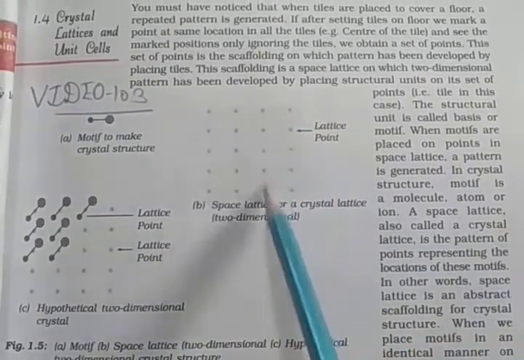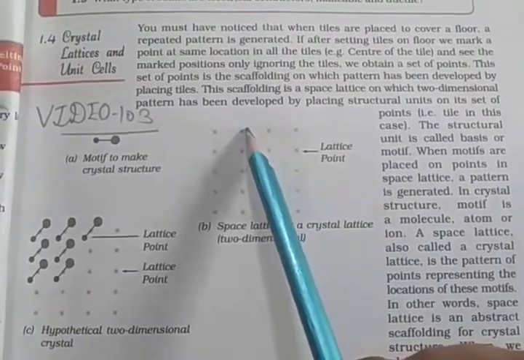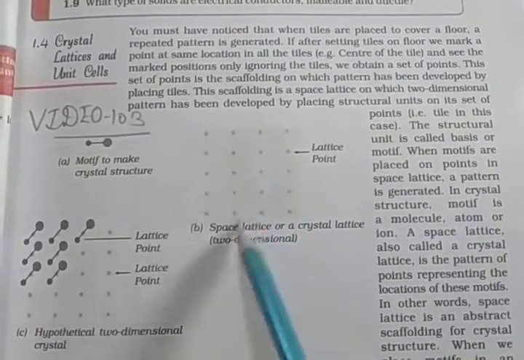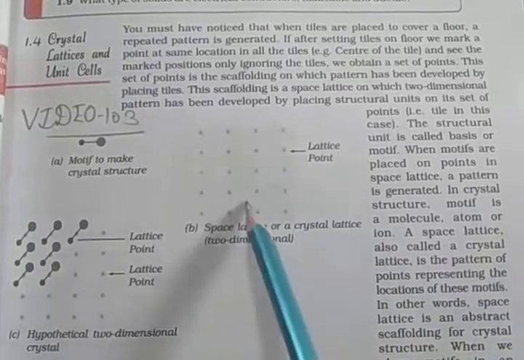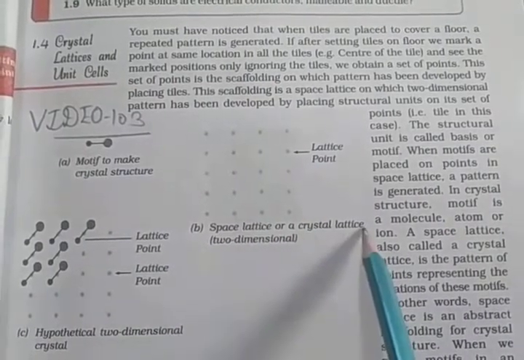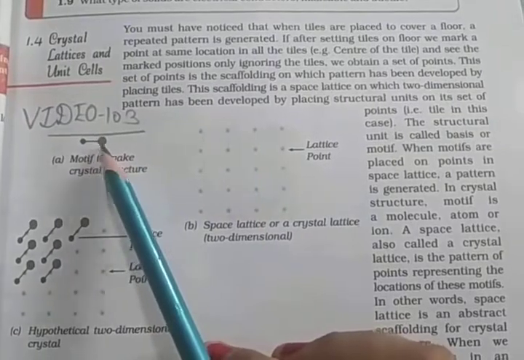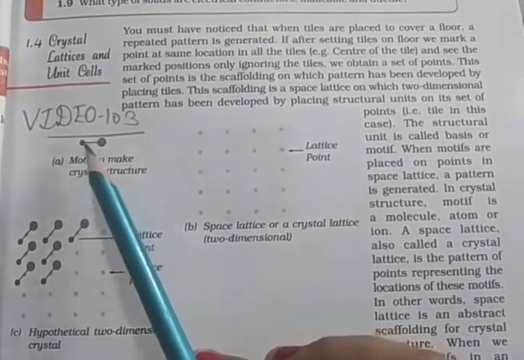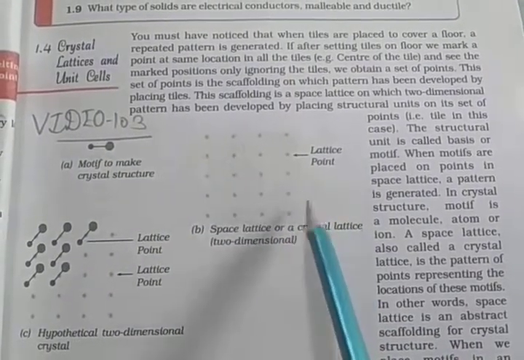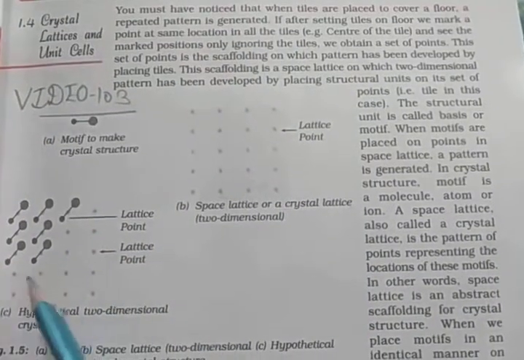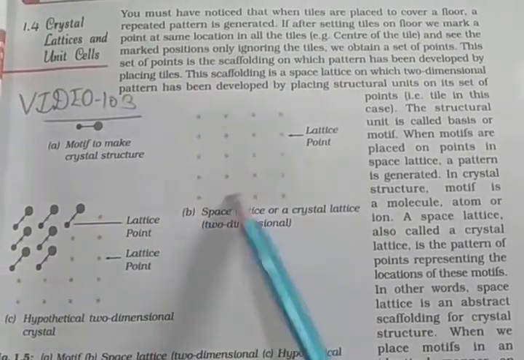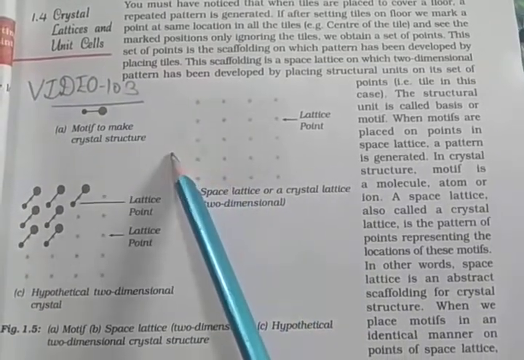When a repeated pattern is arranged point by point, this arrangement is known as space lattice, otherwise crystal lattice, and this is the motif. The structural unit is called basis or motif, and this is the space lattice, with dots as lattice points. In a crystal structure the motif is a molecule, atom or ion, and the space lattice is called a crystal lattice. So what is the crystal lattice?